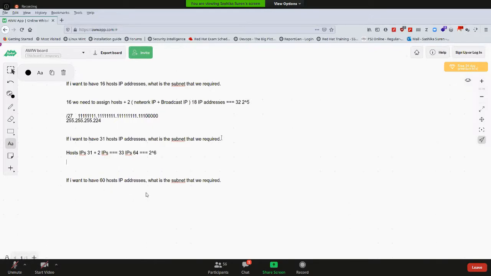So from the 32-bit subnet, you have to remove 6 bits for the host. That means the slash notation will calculate to /26. Is it clear, guys? Yes.